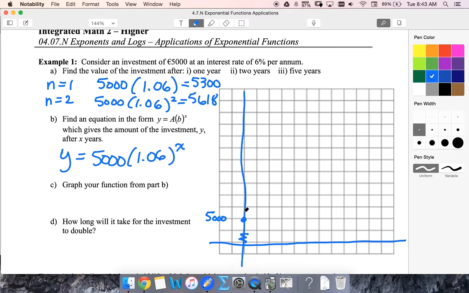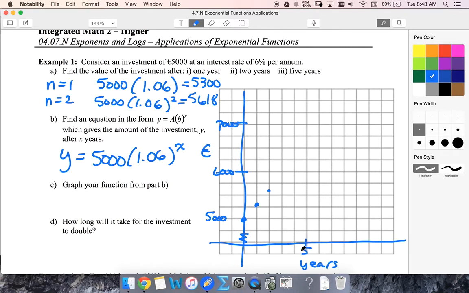So maybe I'm going to count by 250s, let's say. So up here I'll have 6,000, 7,000, and of course my y-axis is in euros, my x-axis is in years. So we had 5,300 at 1, 5,618 at 2, and then at 5 years.